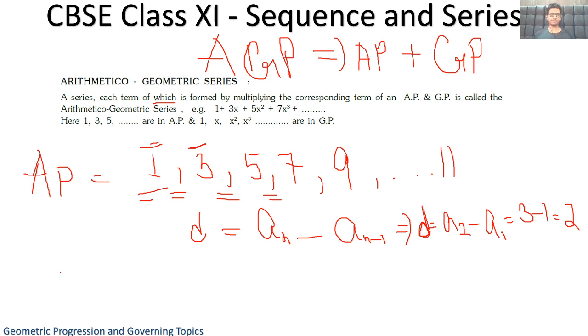Alright. And when it comes to a GP, let's say in a GP, the terms are given as 1, x, x square, x cube. So tell me what should be the next term?